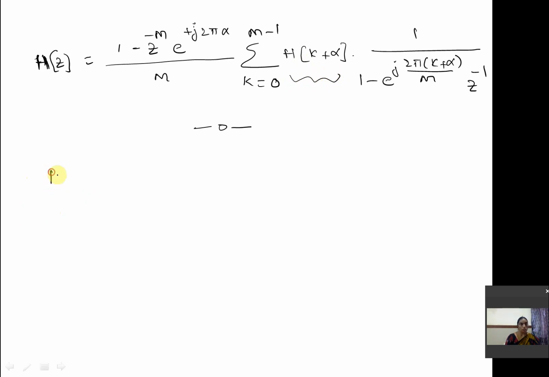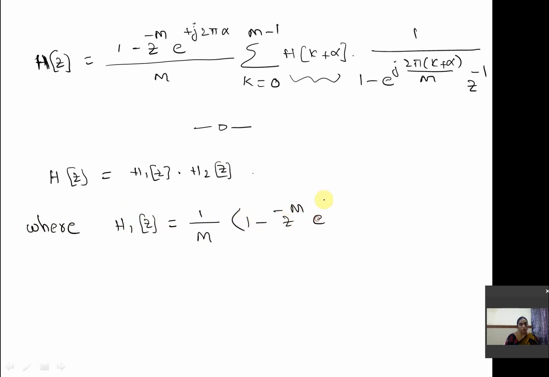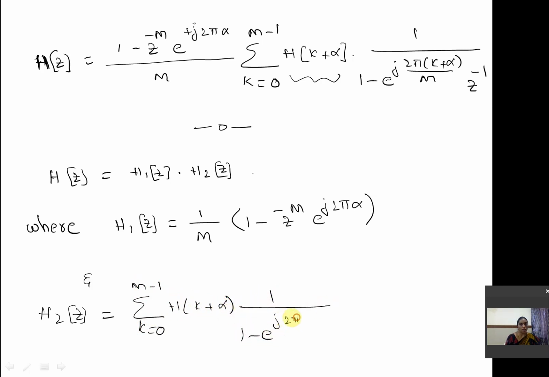So now here this H(z) is nothing but H1(z) into H2(z), where H1(z) is equal to 1/M (1 - z^-M e^(j2π alpha)), and H2(z) is, so consider the two terms, one is H1(z) and the second product term is H2(z), that is summation k=0 to M-1 of h(k+alpha) by (1 - e^(j2π/M (k+alpha)) z^-1).